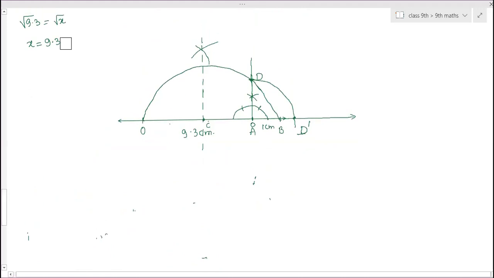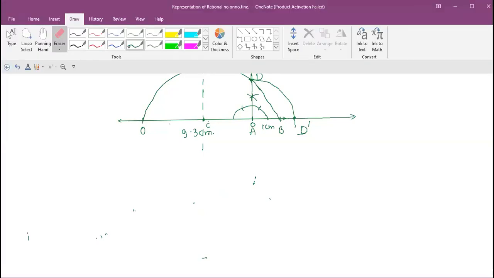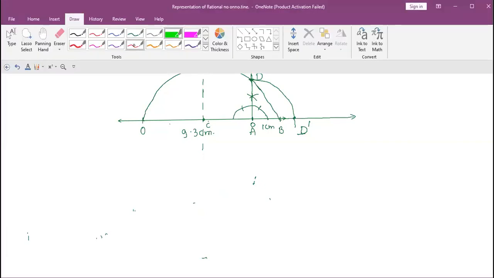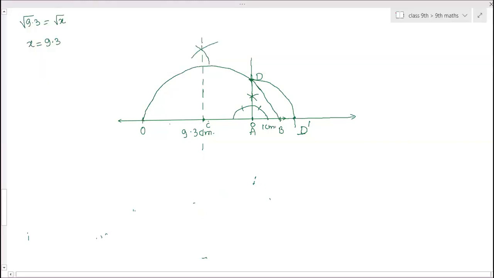Root 9.3 is equal to root x, which we have used. OA we have taken as x, and here the value of x is 9.3.